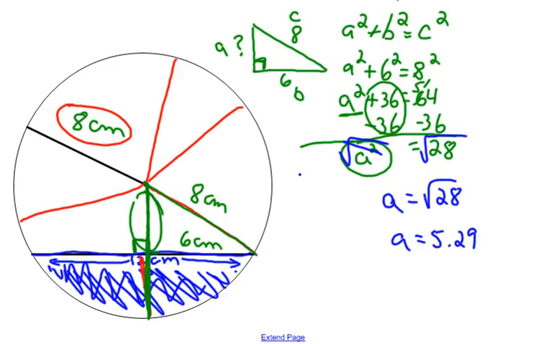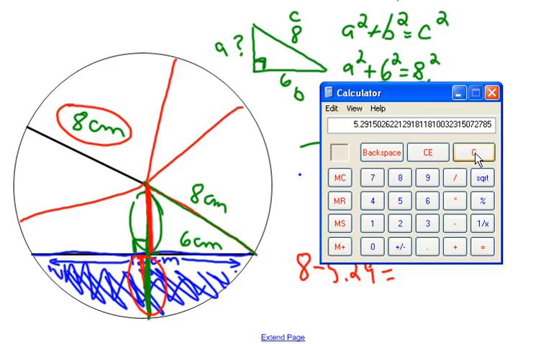Sometimes students think that they're done working on the problem at this point because they found an answer. But what we've found is the height of this line is 5.29. We were required to find the height of this, but we know that the whole thing equals 8.